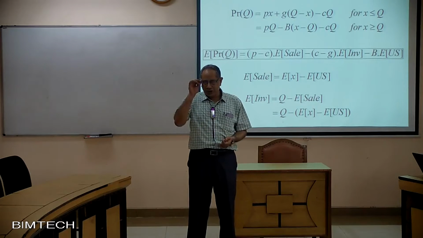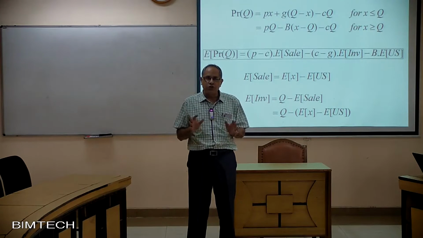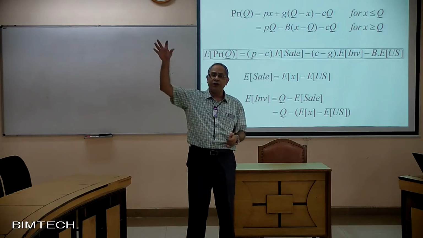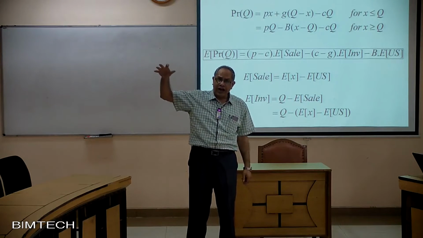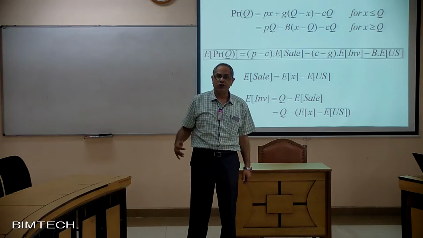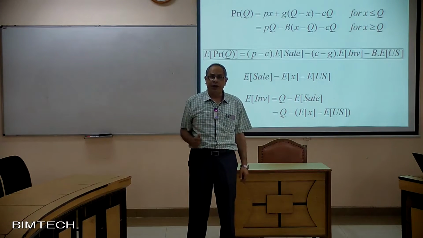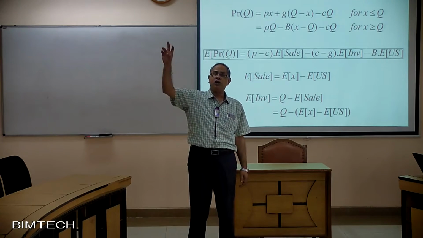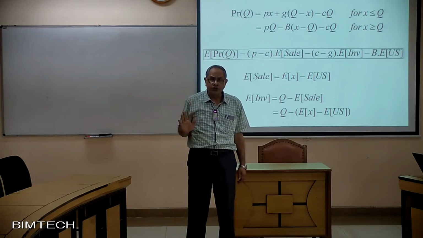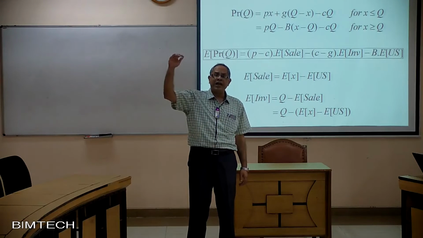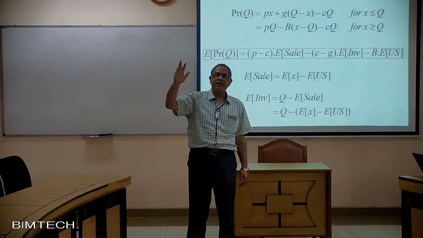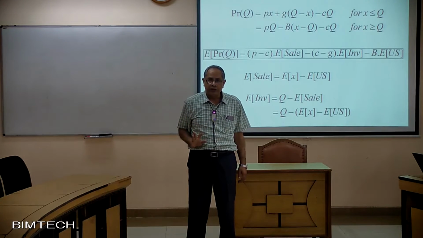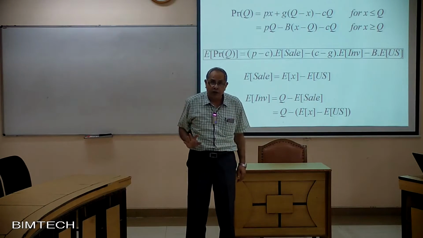Well, the expected units short is only a calculation of units short under various demand scenarios multiplied with the probability. So it is not that every time we are short. We may be short only a few times, only at those times when the demand exceeds the quantity that we have ordered. Not for all demand values.